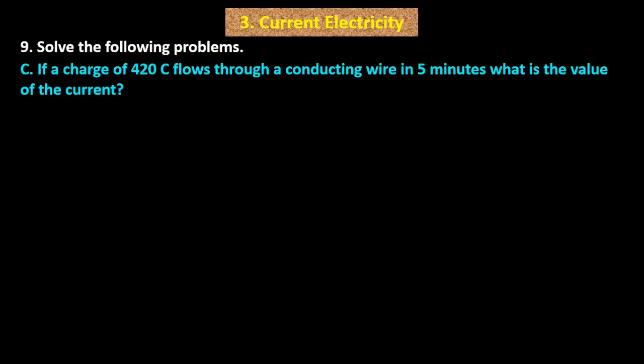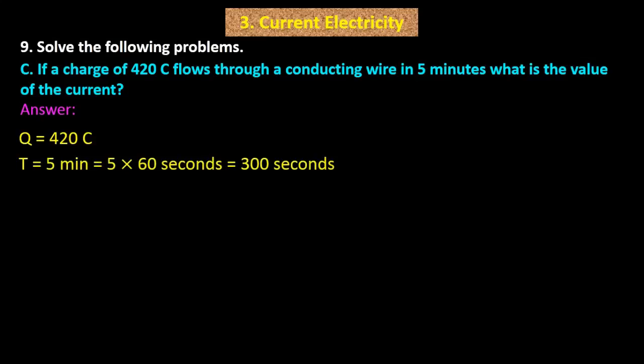C. If a charge of 420 coulomb flows through a conducting wire in 5 minutes, what is the value of the current? Answer: Q is equal to 420 coulomb. Q means charge. T is equal to 5 minutes is equal to 5 multiplied by 60 seconds is equal to 300 seconds.